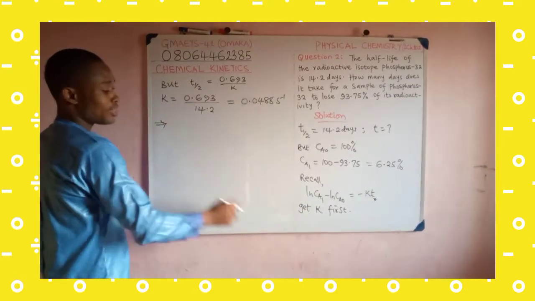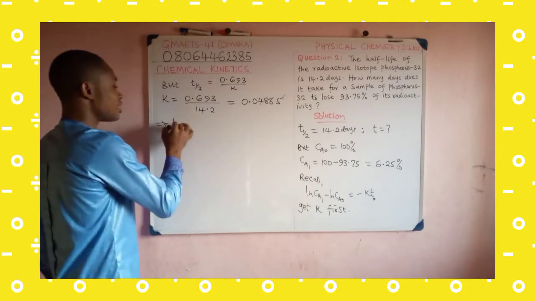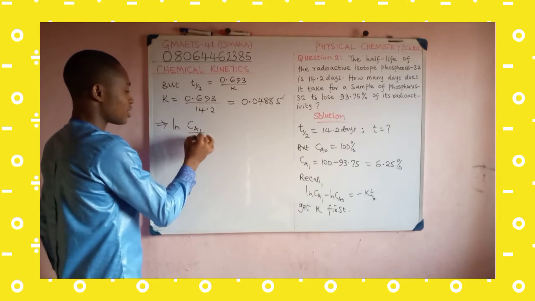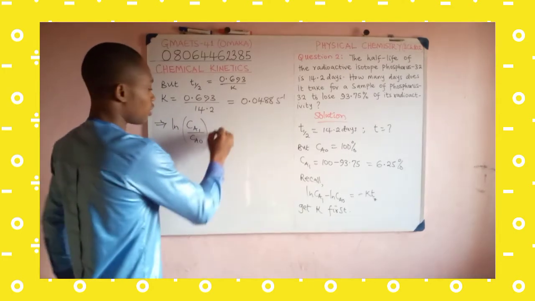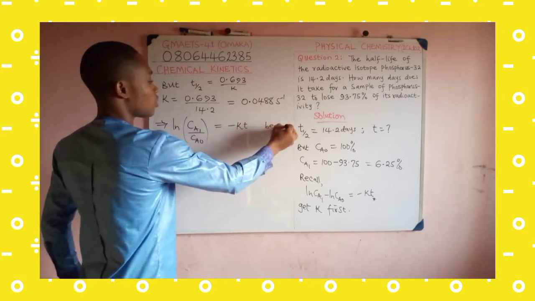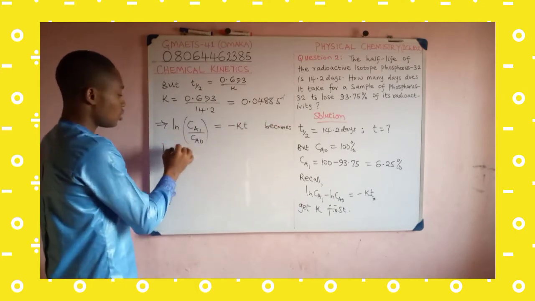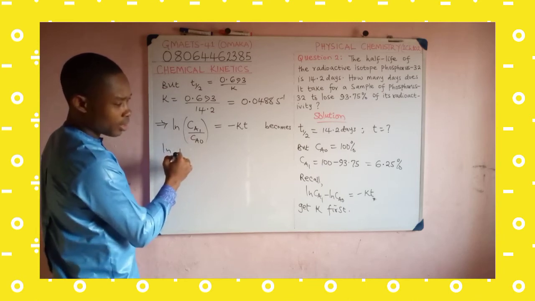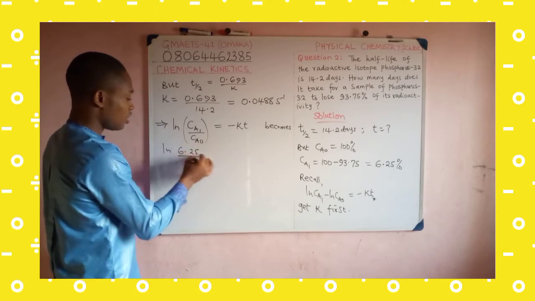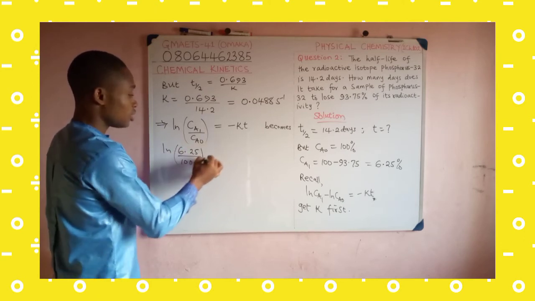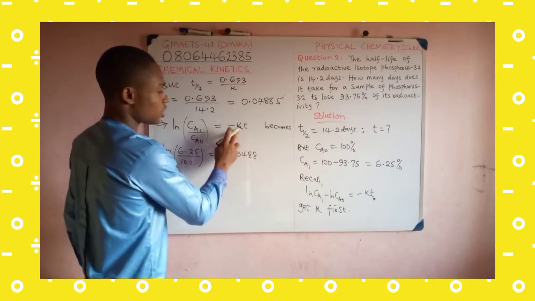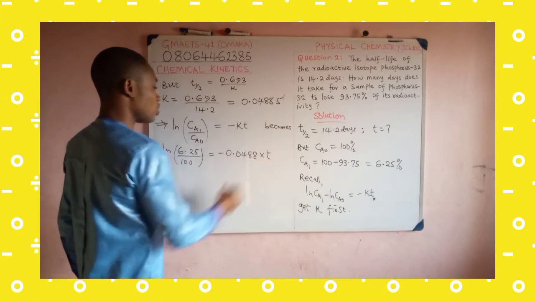Now we've known K, we can substitute here and then get the value of t. It implies that, coming here, you know this ln CA1 minus ln CA0, using the subtraction law of logarithm, can be written like this: ln of CA1 over CA0 equal to minus Kt. So ln of 6.25 divided by 100 equals minus 0.0488, which is our K, times the time we are looking for.